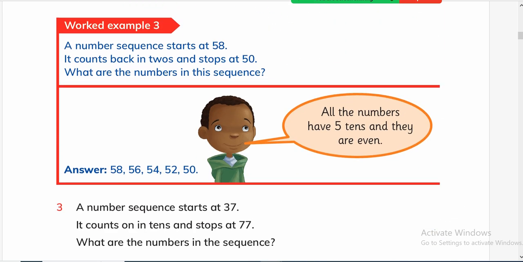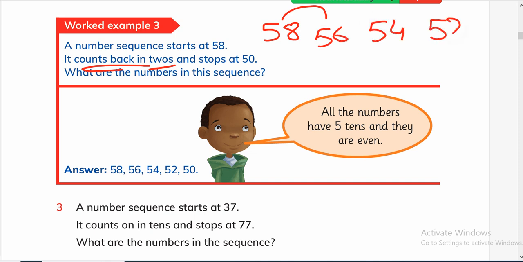Next, work the example 3. A number sequence starts at 58. It counts back in twos and stops at 50. What are the numbers in the sequence? So we have to make a jump of twos backward, like 56, 54, 52 and 50.